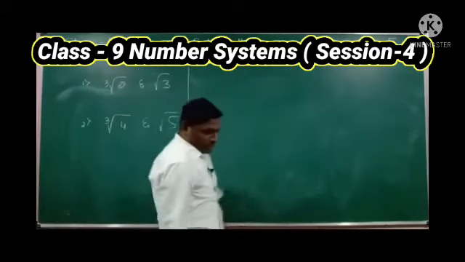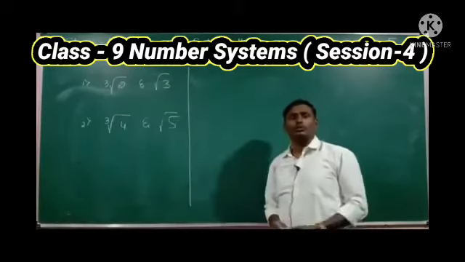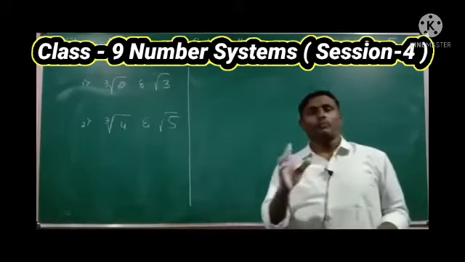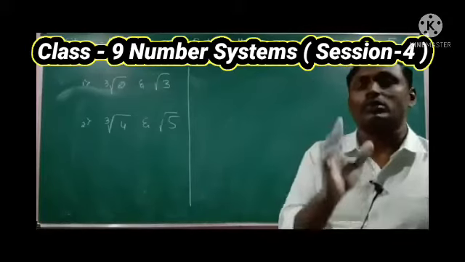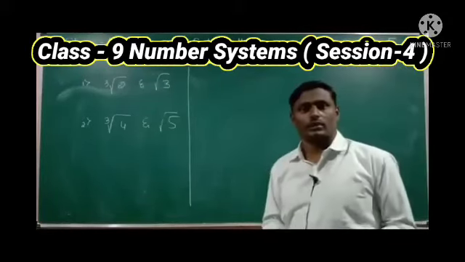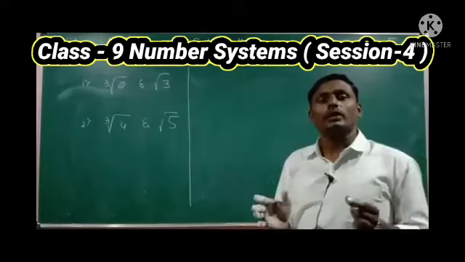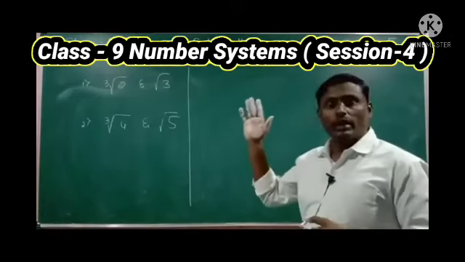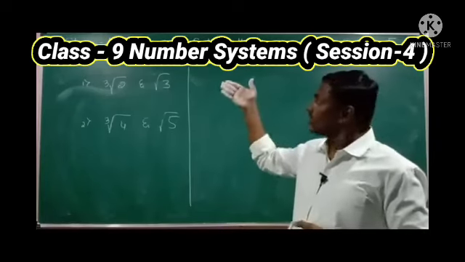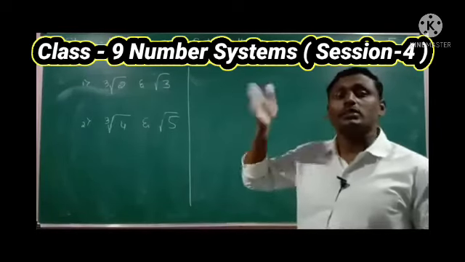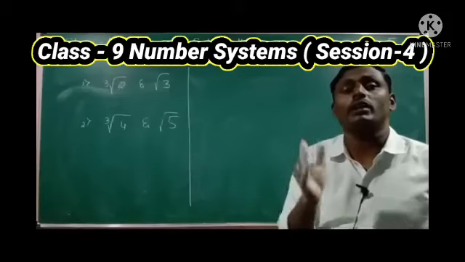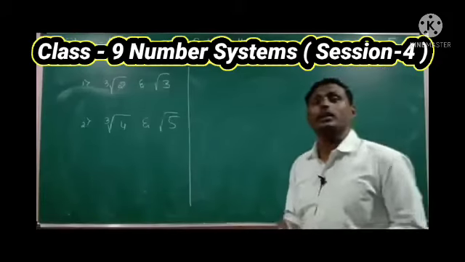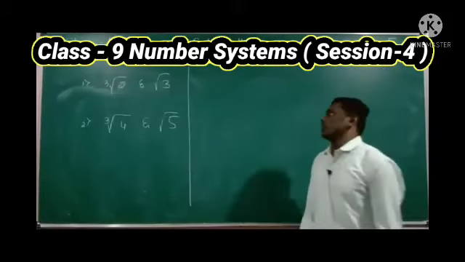In these conditions, we first need to compare the indices or powers of the given irrational numbers. First, we make them like fractions. We convert the powers of those irrational numbers into like fractions by taking the LCM of the powers.